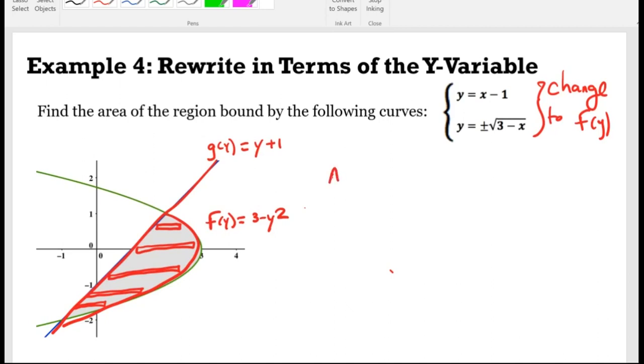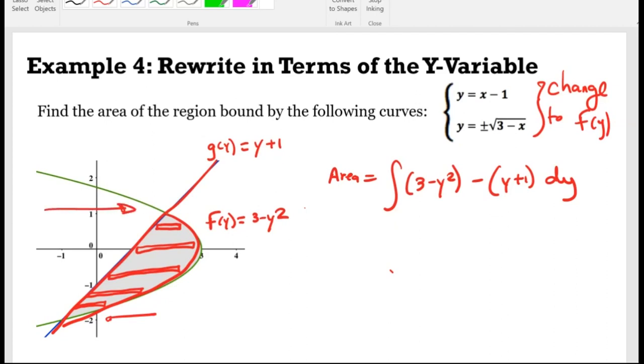And we can now say that the area between these two curves is the right function, 3 minus y squared, minus the left function, y plus 1, dy, because we're using horizontal rectangles. And now we need to look at the y-axis for the lowest and the highest points of the shaded region, because we're now dealing with y variables.